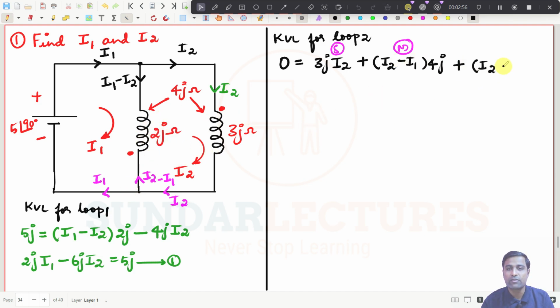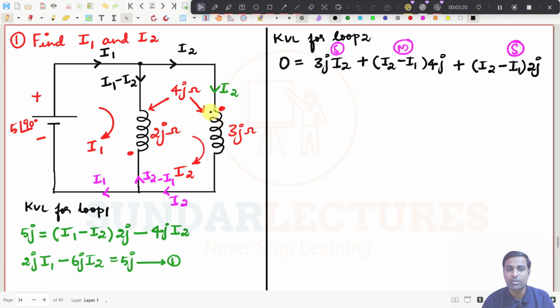Now, for this coil's self-induced EMF, it is I2 minus I1. Whatever the dot convention, whatever dot you have, if you are writing the self-induced EMF, don't put minus, directly put plus. This will be 2J, the self-induced EMF for this 2J ohms coil, right? Then you go for the mutually induced EMF now, and it is very simple.